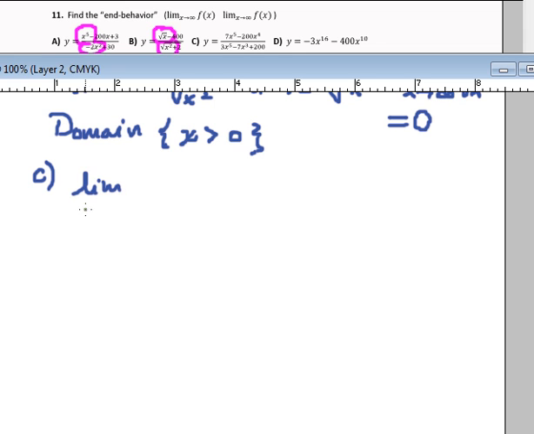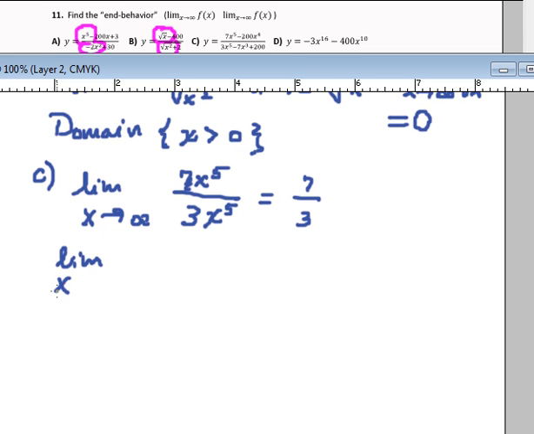Okay, so I'm just going to pick off the dominant terms again. And on top we have 7x to the fifth, and then the denominator 3x to the fifth. So notice the power of x is the same on top and bottom. So that limit is equal to 7/3. And we'll have the same as x goes to minus infinity.